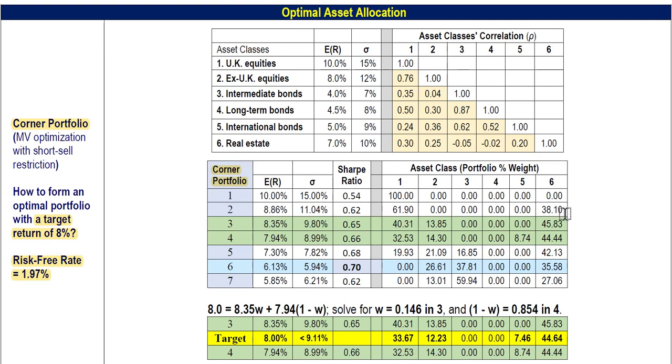So 38.1% put in real estate, 61.9% put in the UK equity. We reach the optimal solution on the corner, which gives us the lowest standard deviation, which is 11.4, and so on.